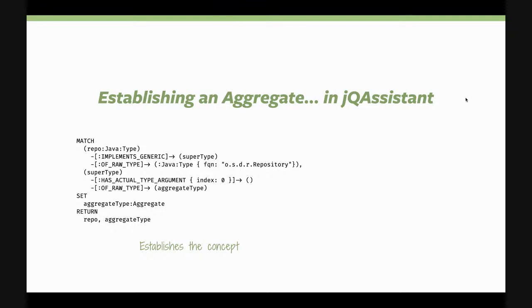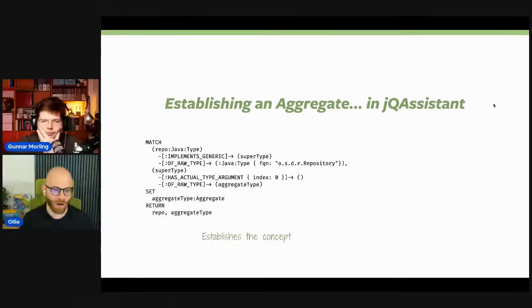Let's do that. I'm getting ahead of myself. In this code base, if you want to use jQAssistant to identify the aggregate, you have to go ahead and write that Cypher here. The details are not the point, but you have to manually come up with some configuration that identifies the concept. It basically says, find a Spring Data repository, inspect the generics, and then find the type it's managing, and all of those types that you found there are aggregates.